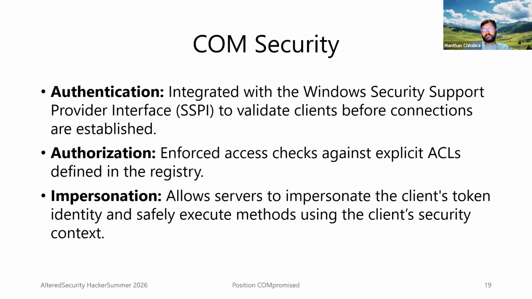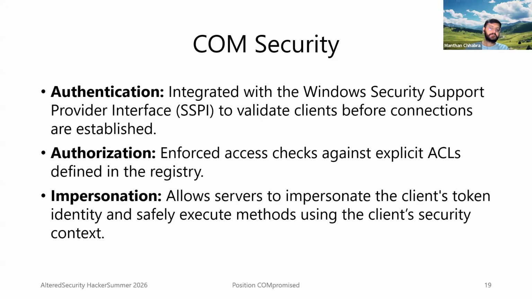Next we have authorization. Just because we are a valid user on the machine or on the network does not mean that we have the right to launch or interact with every service on the machine. To prevent this, the COM runtime automatically enforces access checks using ACLs, or access control lists, which are defined in the Windows registry itself.